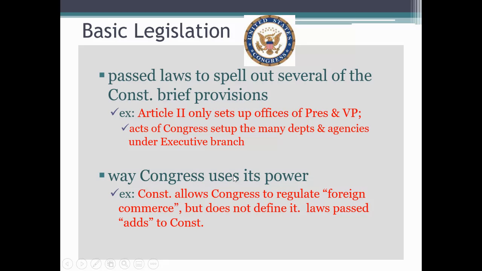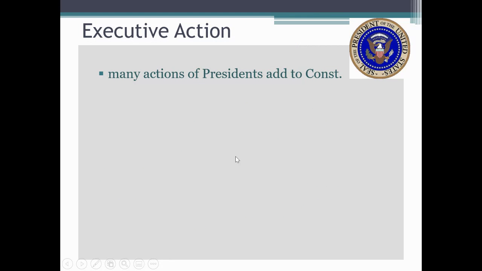Again, it's not defined in the Constitution, but it also doesn't say that they can't do it. So it adds to that. I always say the Constitution is kind of like a skeleton, and the things that we do as a government add to that. If you think of it that way, it makes a little more sense.